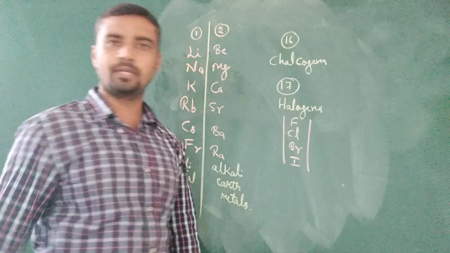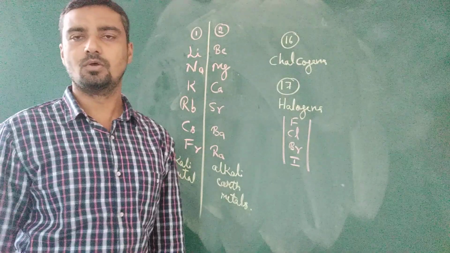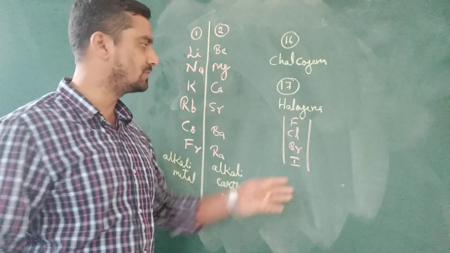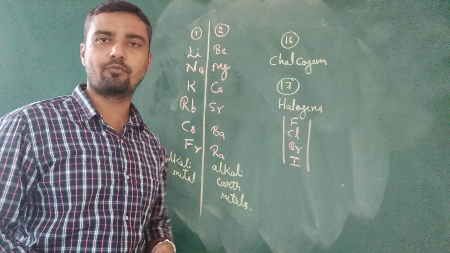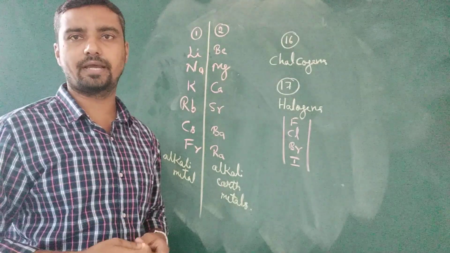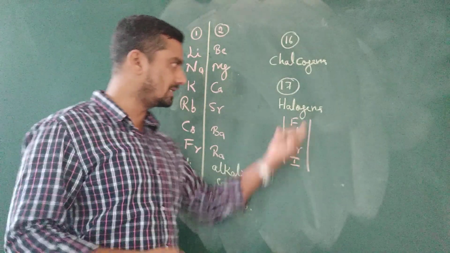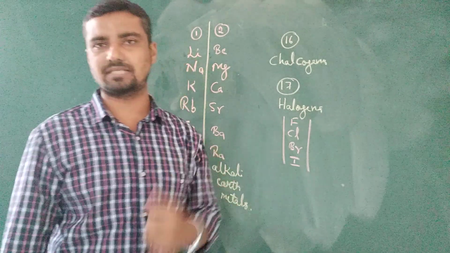When these elements combine with electropositive elements or alkali metals, they form salts like sodium chloride and potassium chloride. So the halogens are salt forming elements.